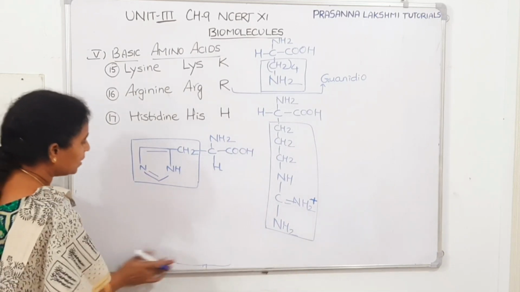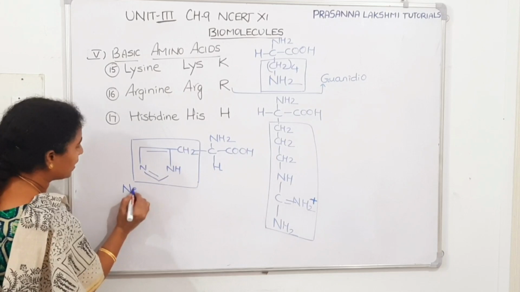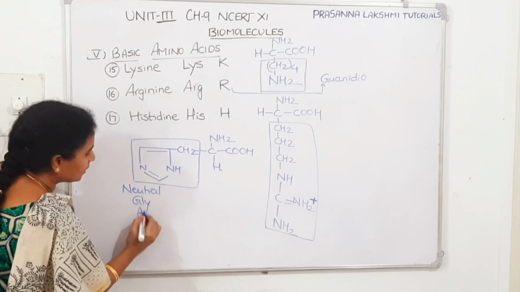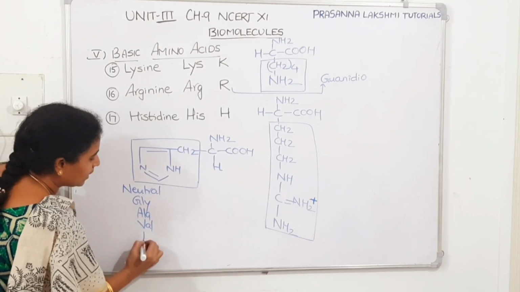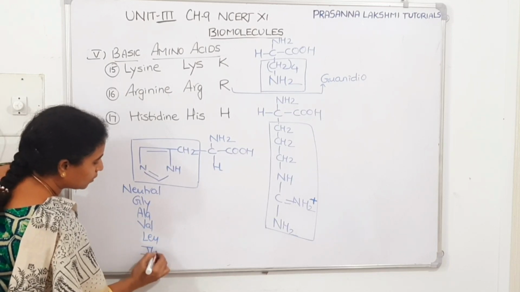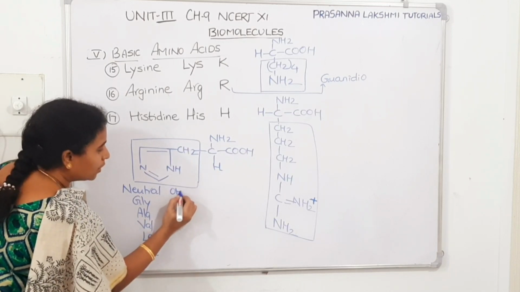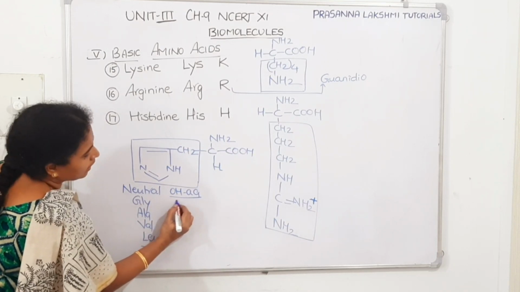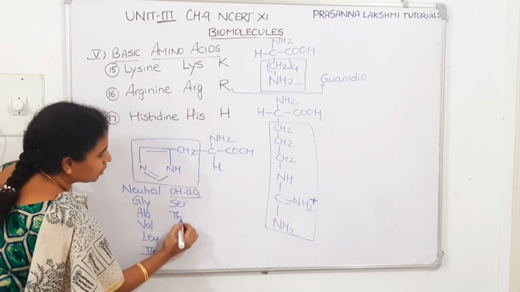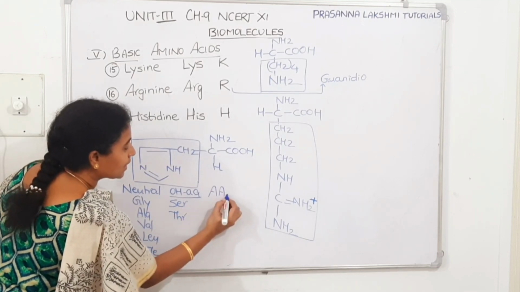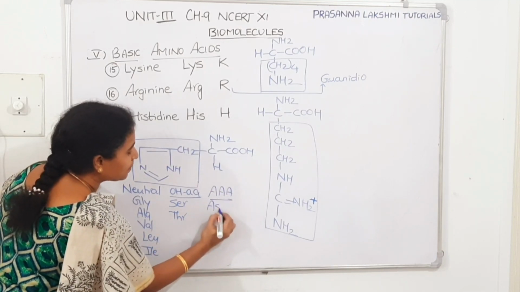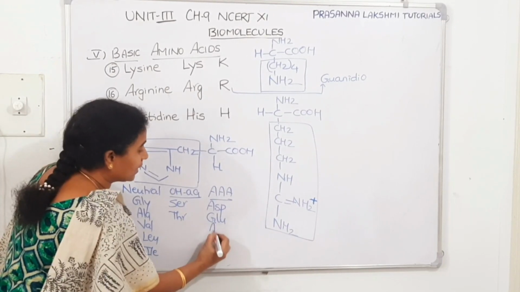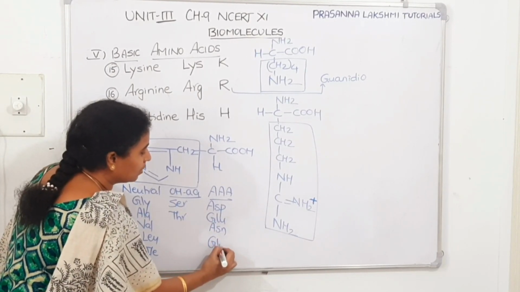So we have seen the neutral amino acids: glycine, alanine, valine, leucine, isoleucine. We have seen OH group containing amino acids, which are also neutral only, right? So what are they? Serine, threonine. We have seen acidic amino acids like aspartic acid, glutamic acid, and their derivatives like asparagine and glutamine.